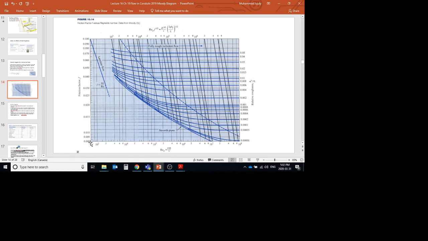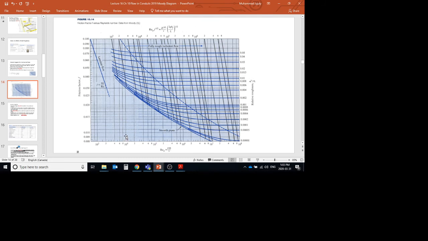So here is 1, this is 1000, 2000, 4000, 6000, 8000, 10,000. This is how it works, because the Reynolds number is always very high. And on the parallel axis with the y-axis, we have the relative roughness. You don't have to worry about this equation too much.